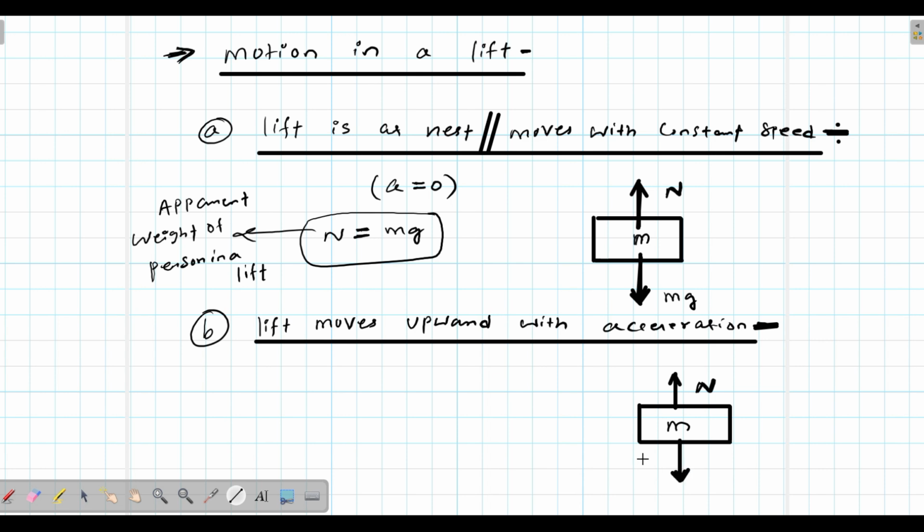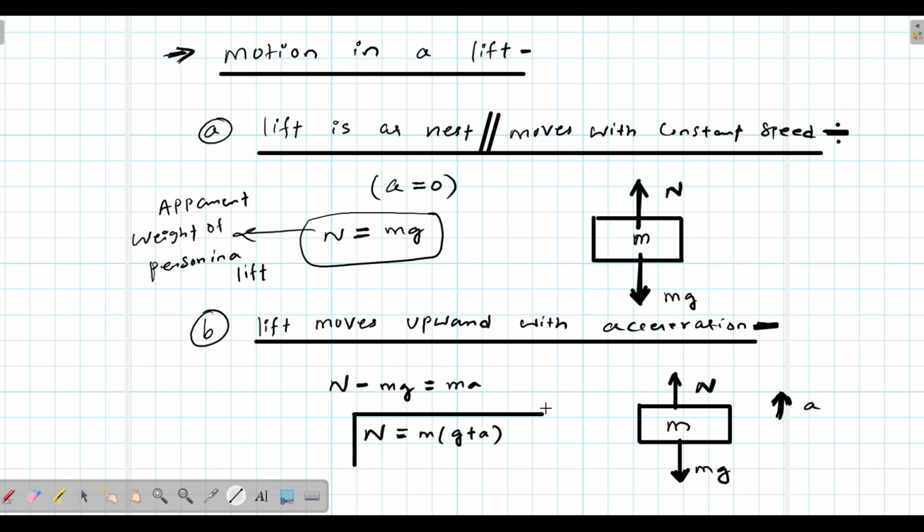Normal reaction is N. Weight is mg. So N minus mg equals ma. N equals m into g plus a.